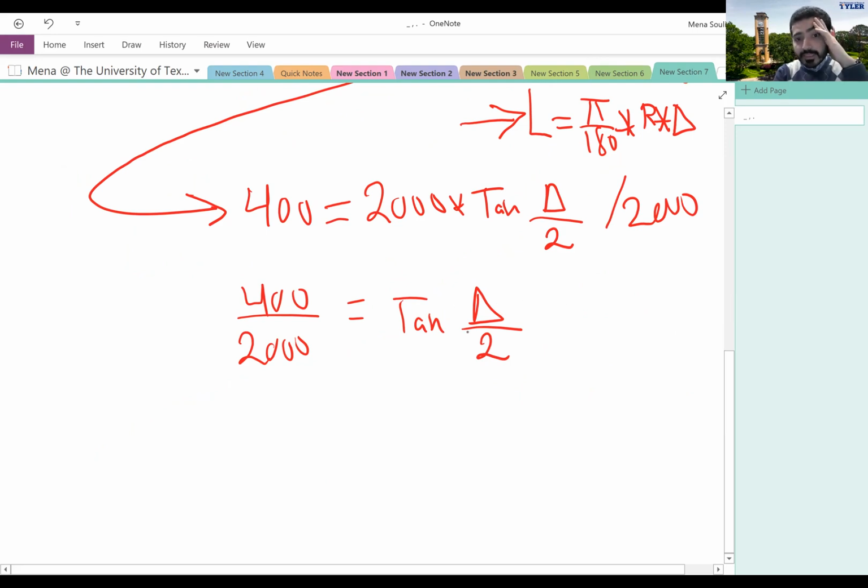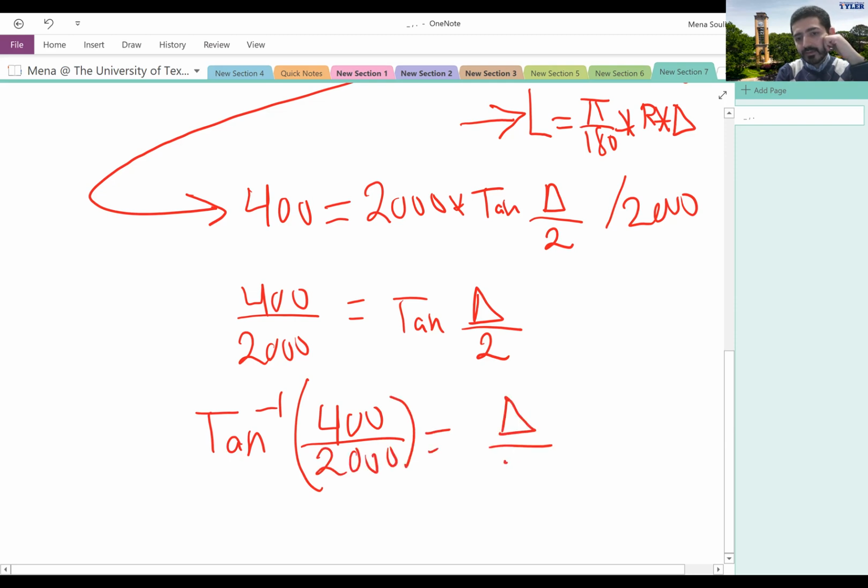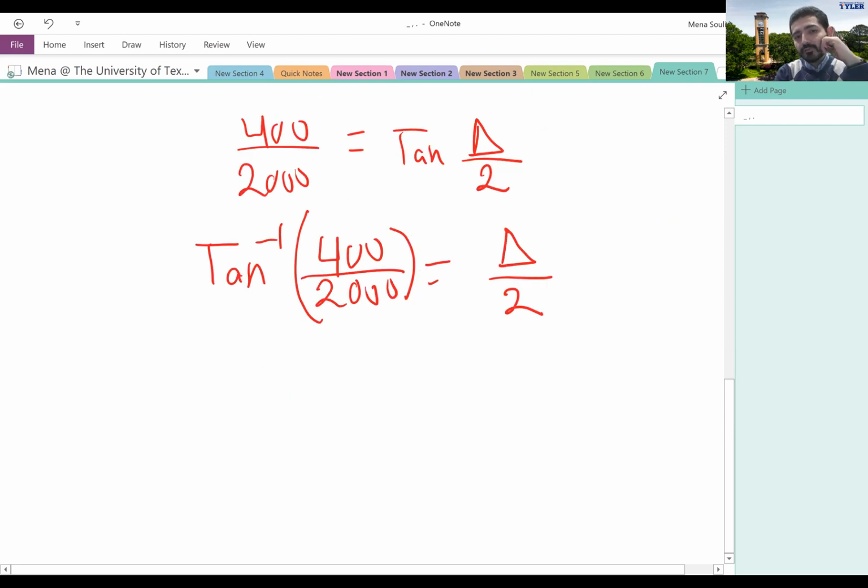Whenever you do the inverse of the tangent, you're going to get the value of delta over 2. So tangent inverse of 400 over 2000 is equal to delta over 2. Let me do it here myself.